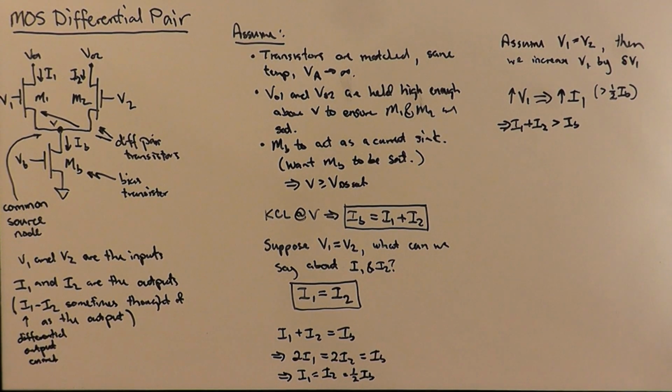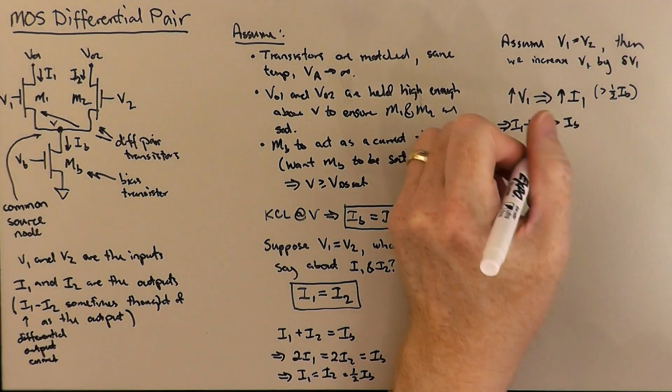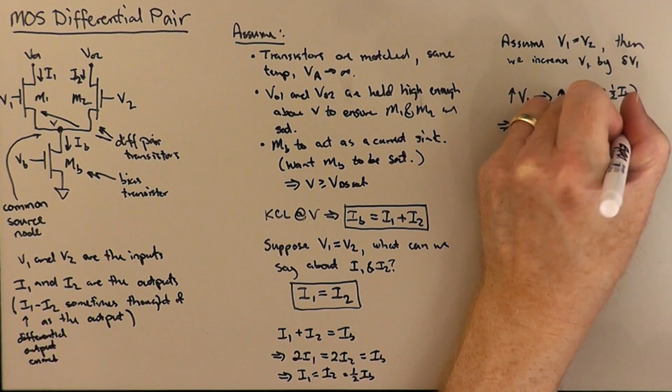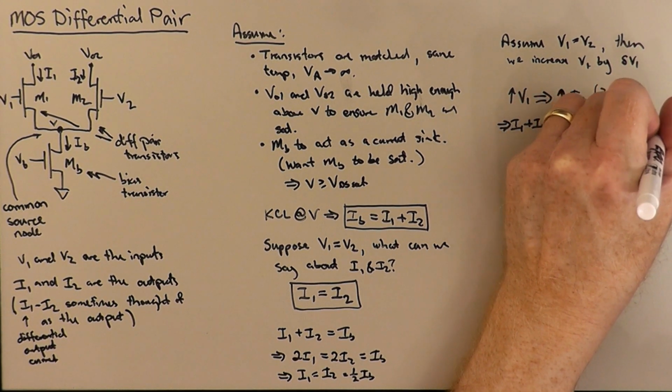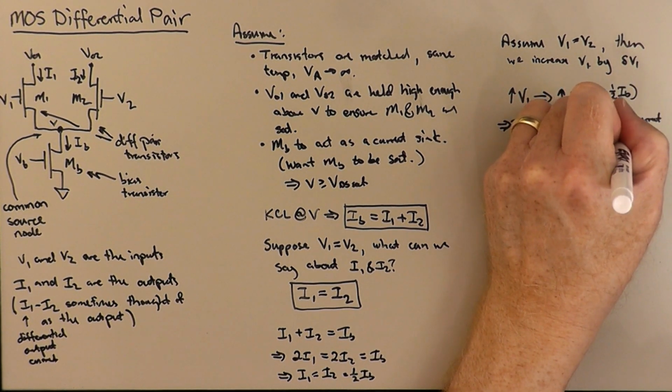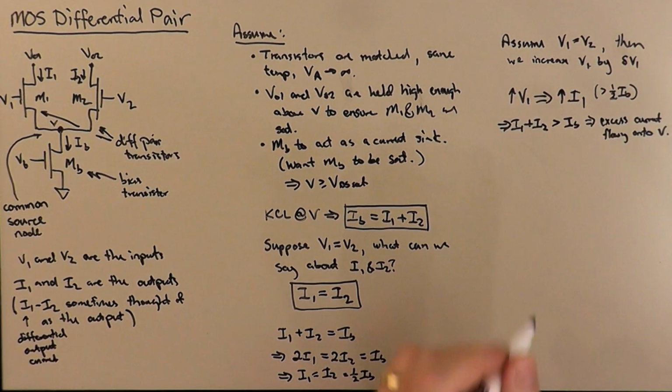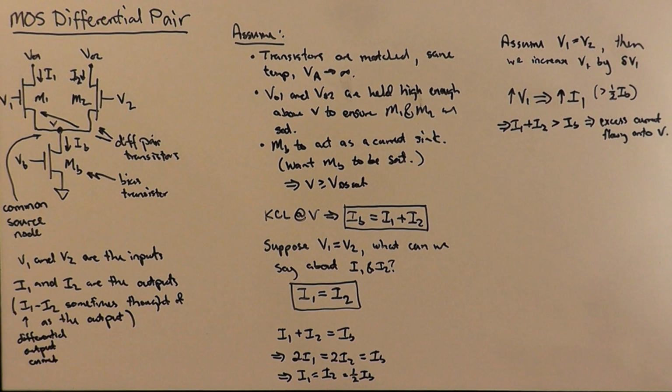We still have MB sinking IB from V, so we have an excess of current flowing onto the node. Well, what does that lead to? That excess current has to go someplace.